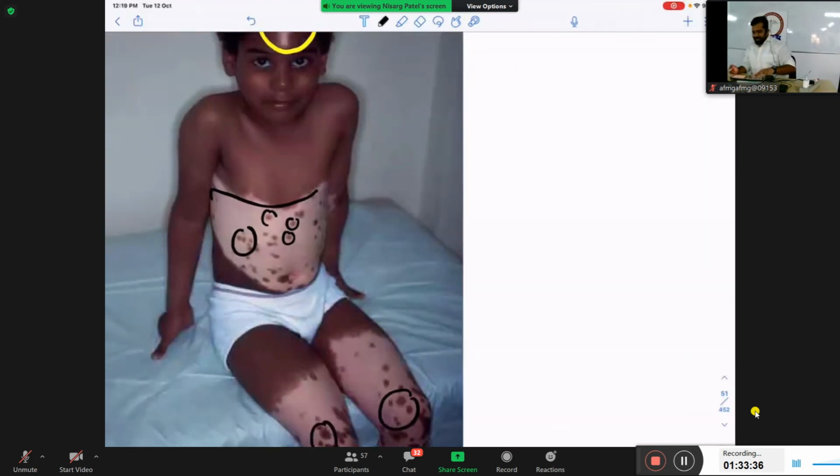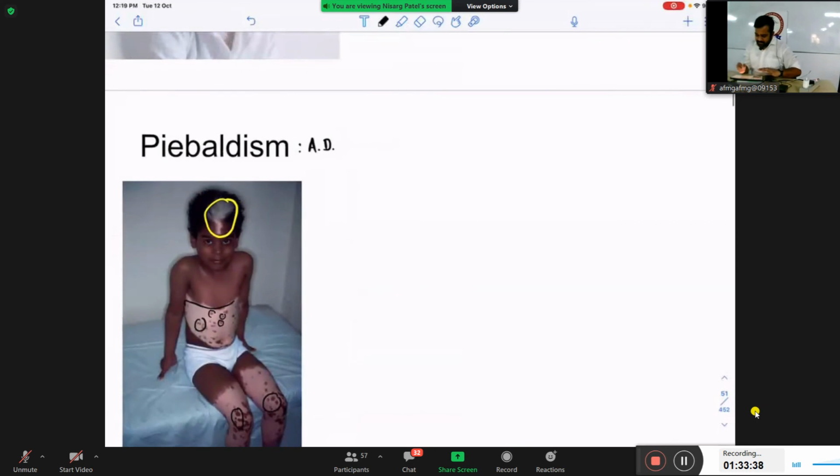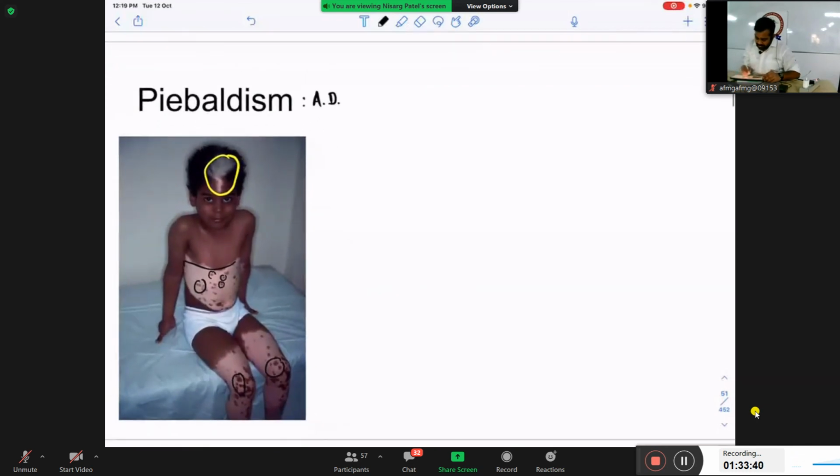Two important things and image-based questions you should remember on this. It is autosomal dominant with abnormal neural crest migration.